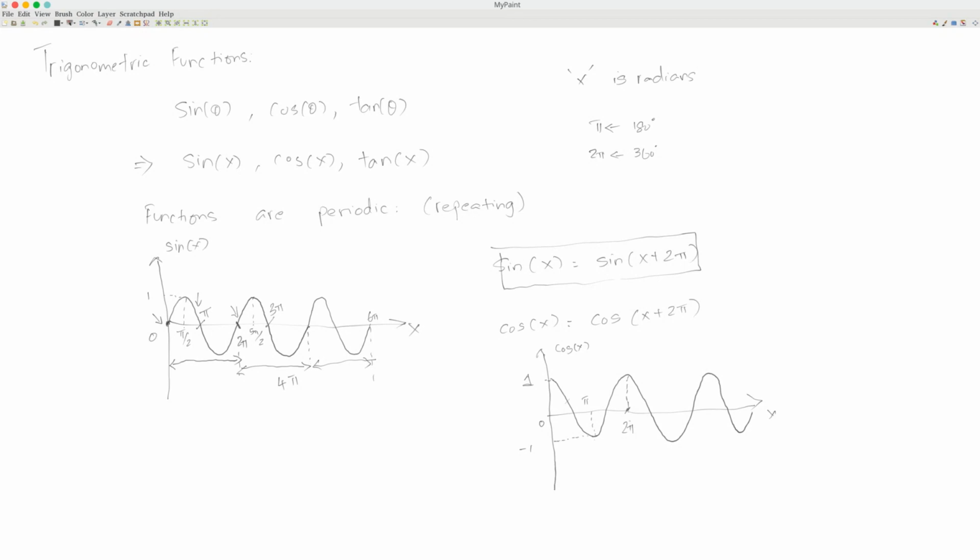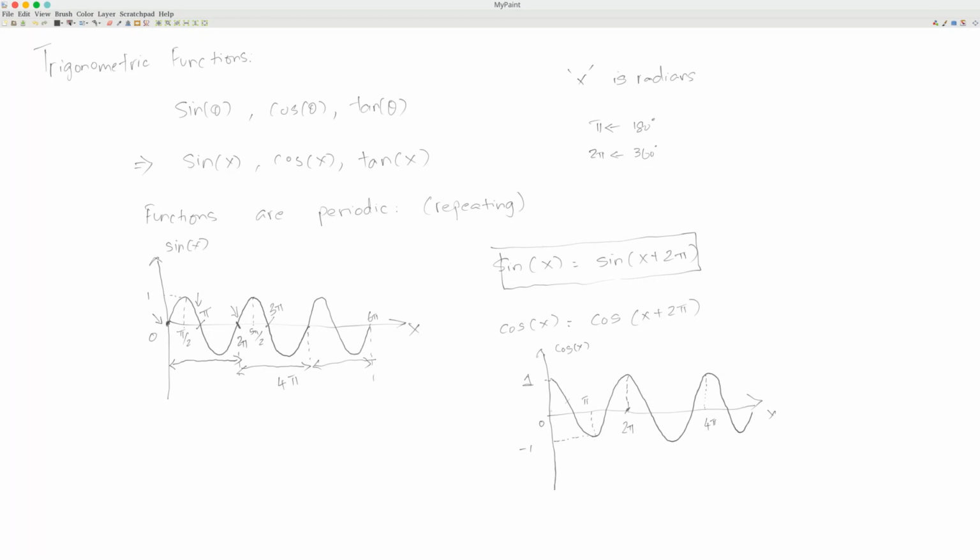So this is the curve that you can see for a cosine function between 0 and 2 pi, and between 2 pi and 4 pi you would see a similar curve, and it is going to repeat over and over every 2 pi spacing.